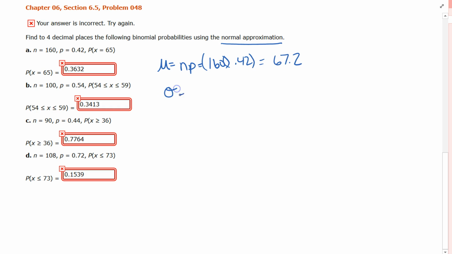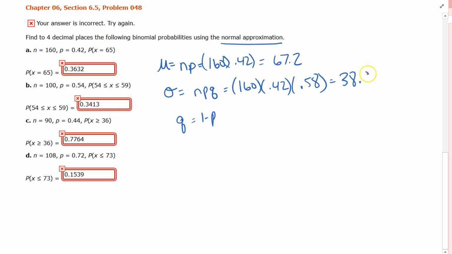And then the standard deviation is the square root of npq. So 160 times 0.42 times 0.58, because q is 1 minus p. That gives me 38.976. So that's sigma squared.